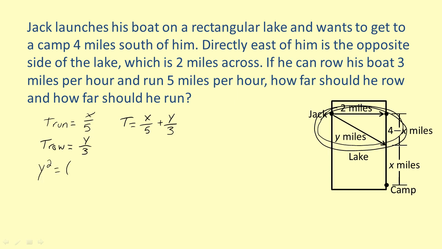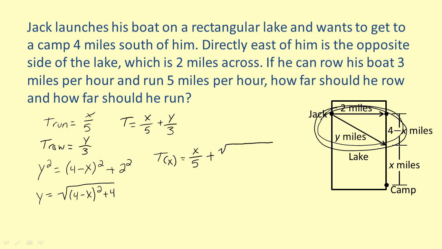So we get y squared equals the quantity 4 minus x, all squared, plus 2 squared. Then we take the square root of both sides to solve for y. Since we are talking about time, we can disregard the negative solution since y must be positive. Substituting this expression for y in t, we now have a function t of x.